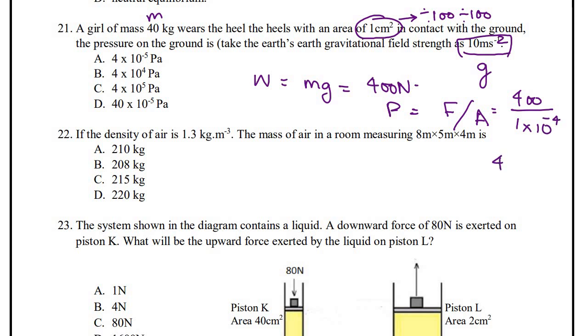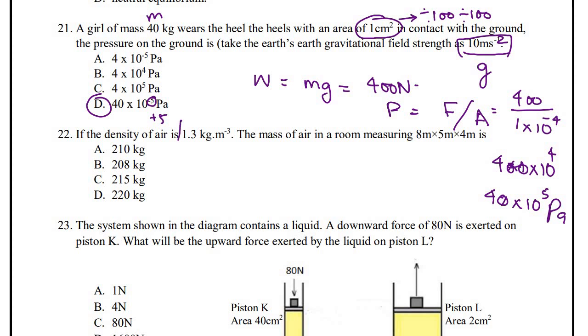So the correct answer will be 400 multiplied by 10 raised to the power plus 4, so 40 times 10 raised to the power 5 pascals. We can mark option D as the correct answer.